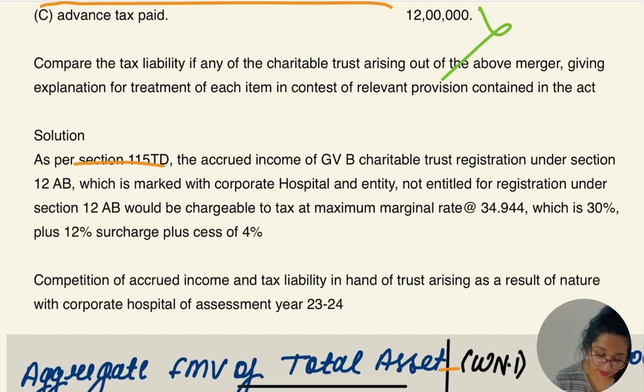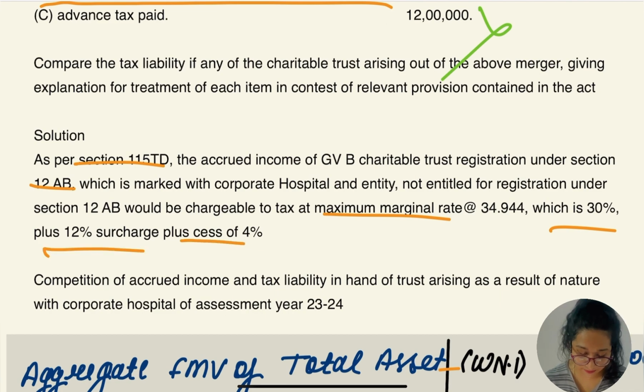As per section 115TD, which is of accreted income, कौन कितना परसेंट टैक्स, कमेंट बिलो. ठीक है, the accreted income of a charitable trust registered under section 12AB, which is marked with the corporate, hospital, and an entity not entitled to register under section 12AB would be chargeable at the maximum marginal rate, which is 34.944%. मैंने बता दिया, which is 30% tax, 12% surcharge, and cess is going to be 4%.